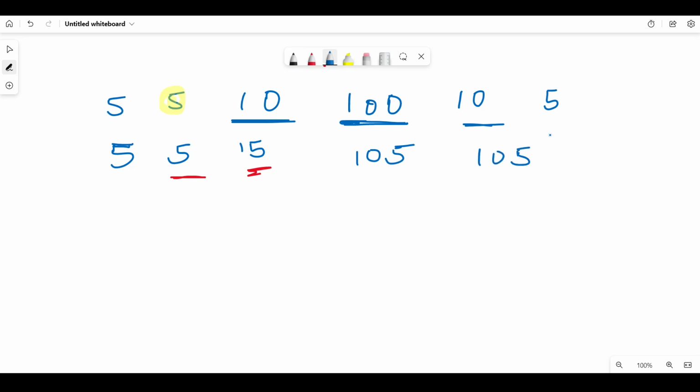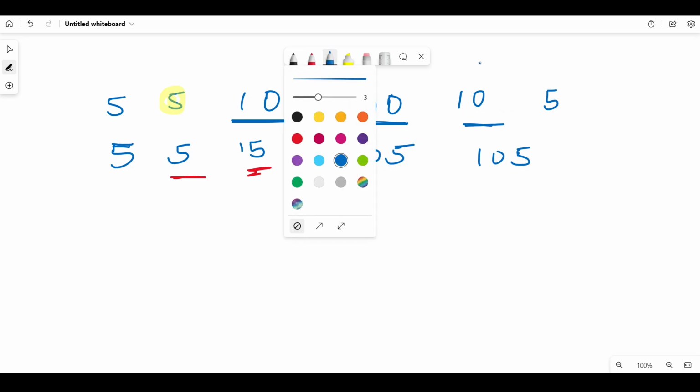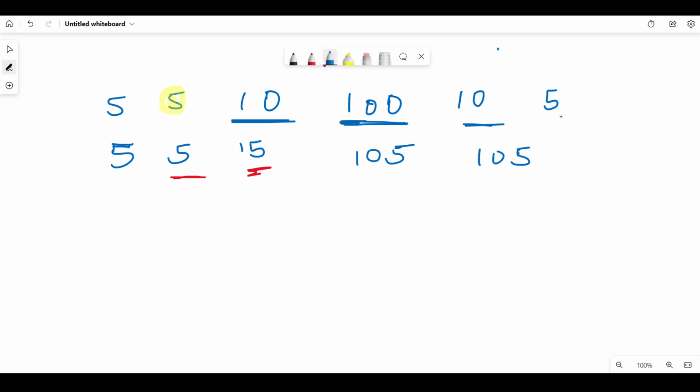Now again, for looting this house, I will follow my previous rule. That is, in one case, I will loot this money, and I will add to the value which I have looted till its previous to its previous house, that is 105. 105 plus 5, I will skip this house so that I can rob this house.